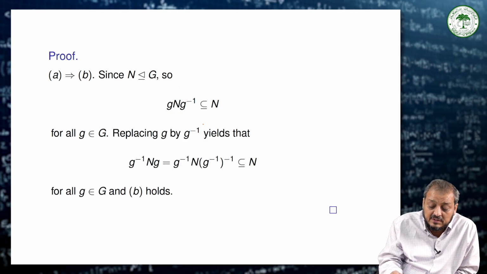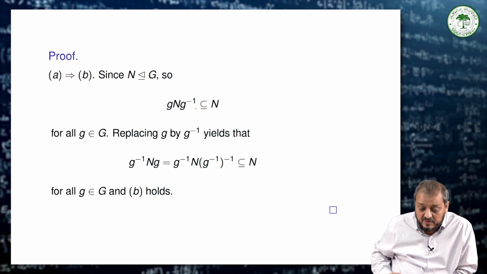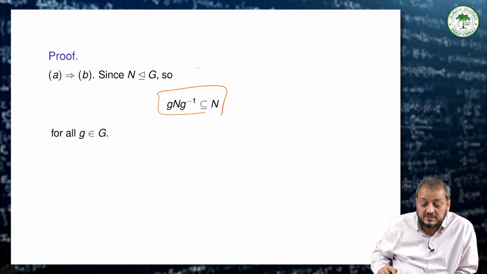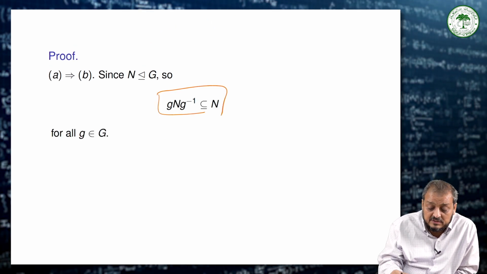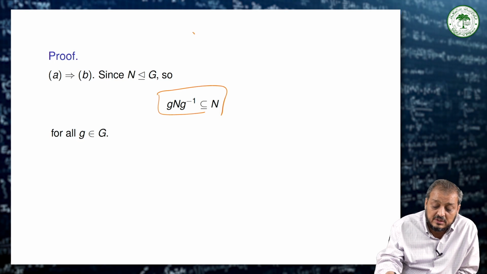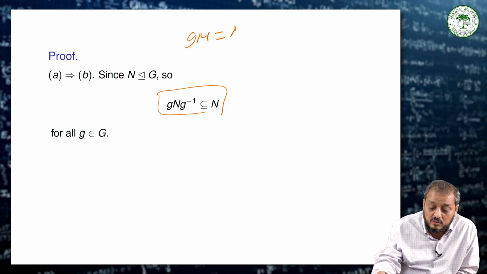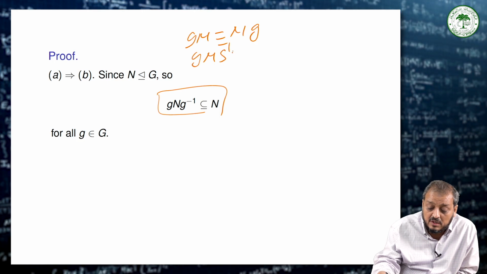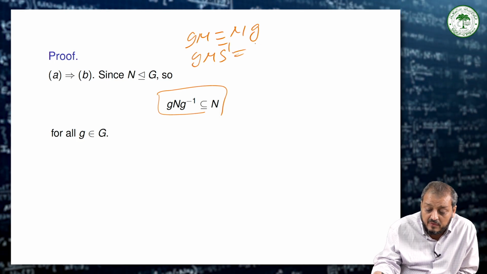Now replacing, we have g n, so g n is equal to n g. This can be written as g n g inverse is equal to n.